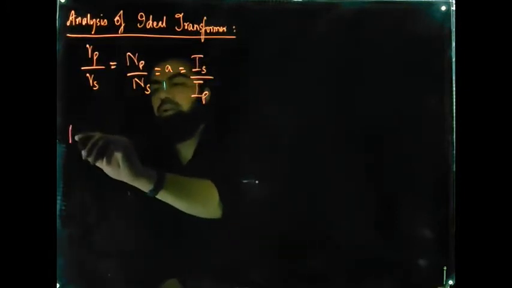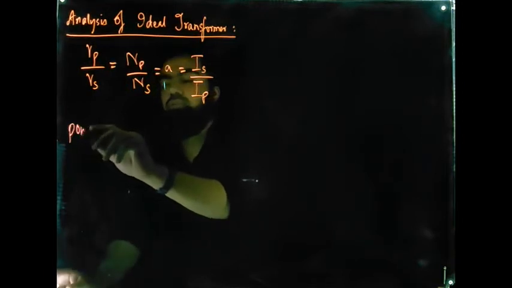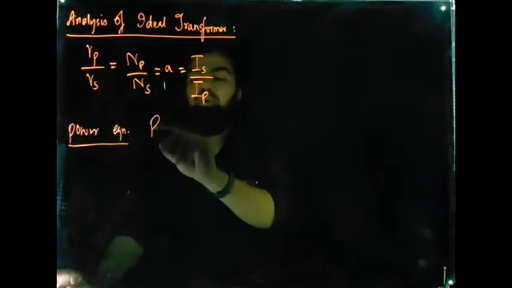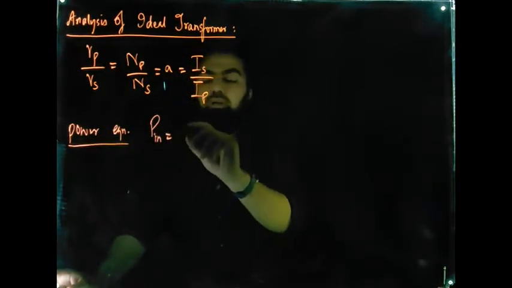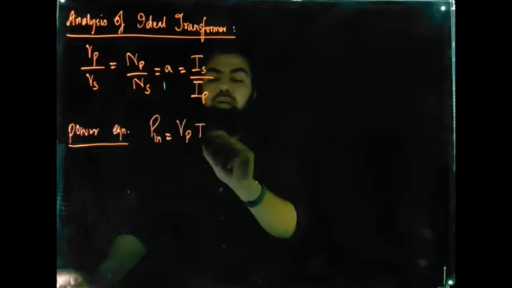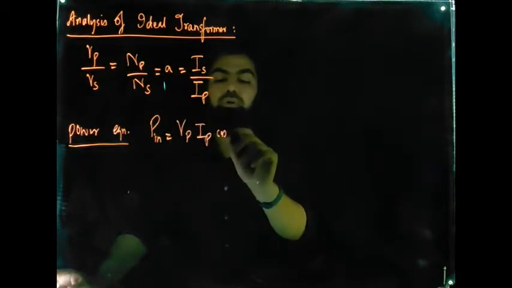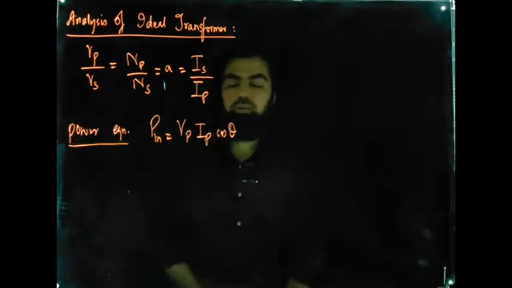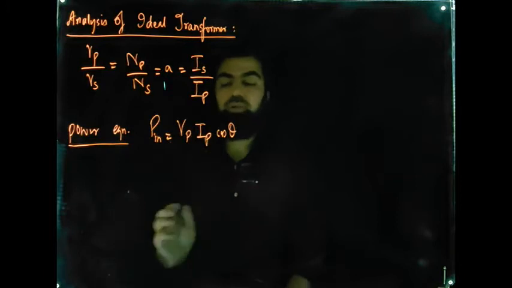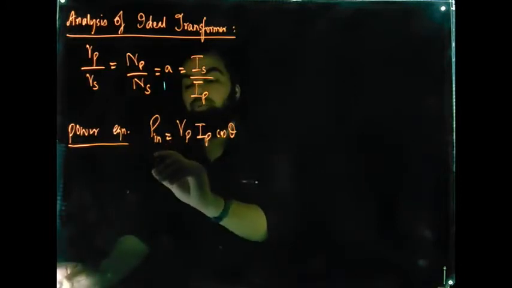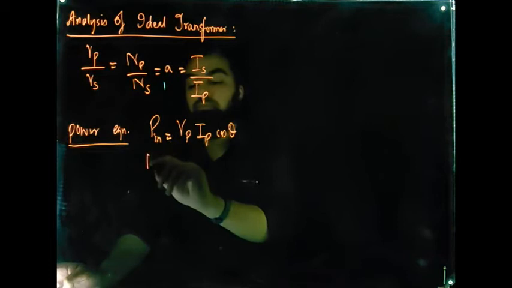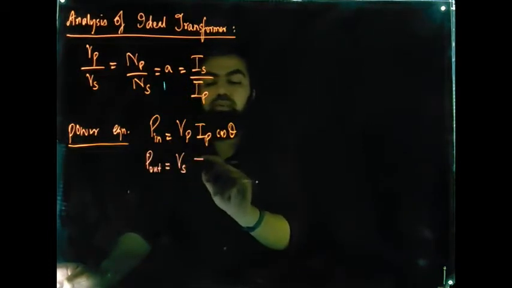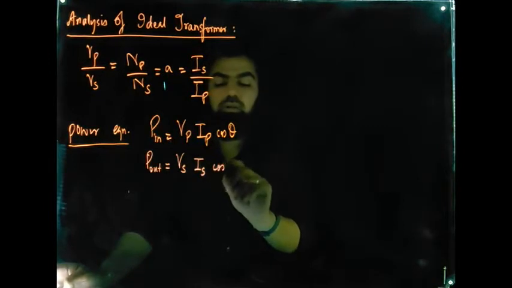Also regarding the power equation of the transformer, the input power can be given as Vp Ip cos theta. Talking about the real power of the system, real power input is Vp Ip cos theta, and the output power will be equal to Vs Is cos theta.